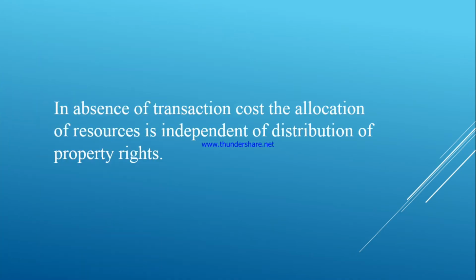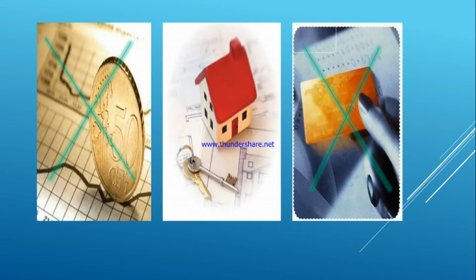Or in simpler terms, we can say that in absence of transaction cost, the allocation of resources is independent of distribution of property rights. Therefore, Coase argued that it is important to always compare alternative institutional arrangements to see which will come closest to the unattainable ideal of the world of transaction cost.